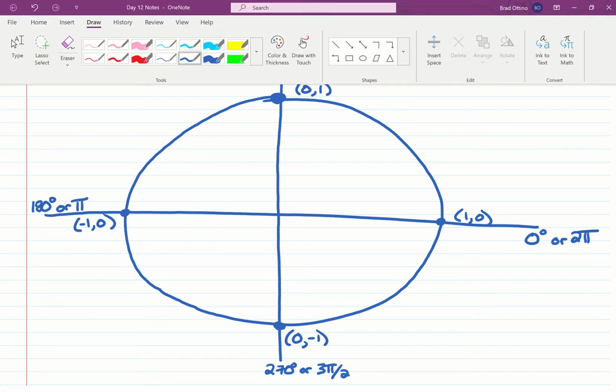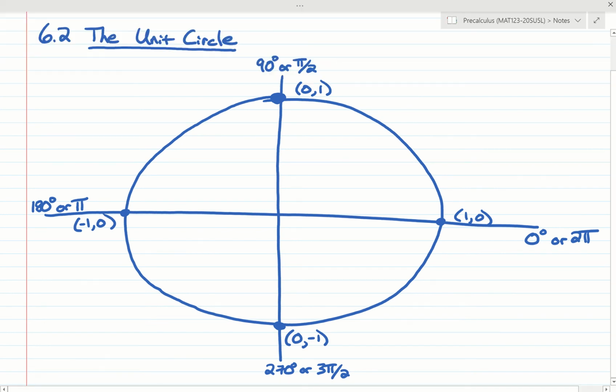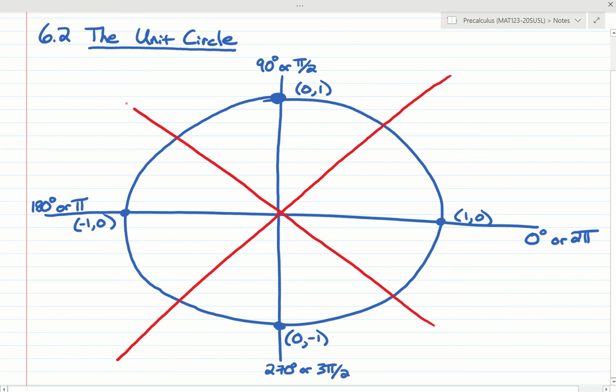Let's draw 45-degree angles. I'm just going to draw a line through here. That represents 45-degree angles, and I'm going to do the same thing going this direction. So if pi over 2 is 90, half of that is pi over 4, which is 45 degrees.